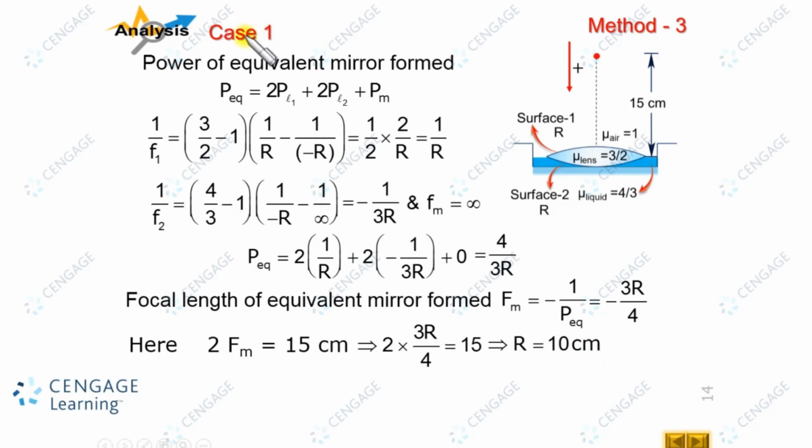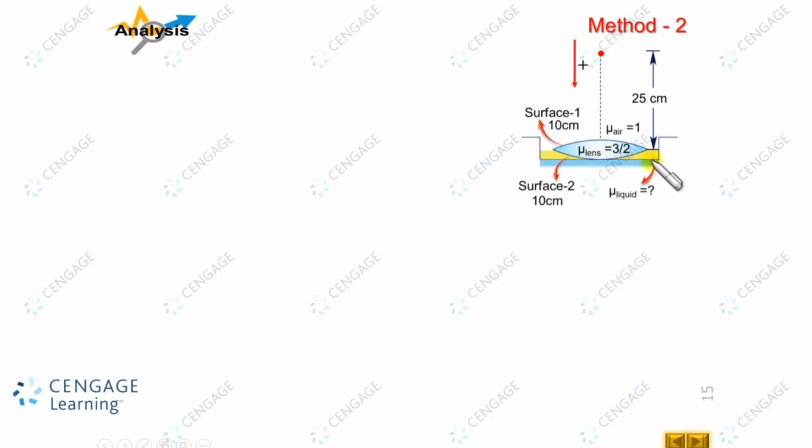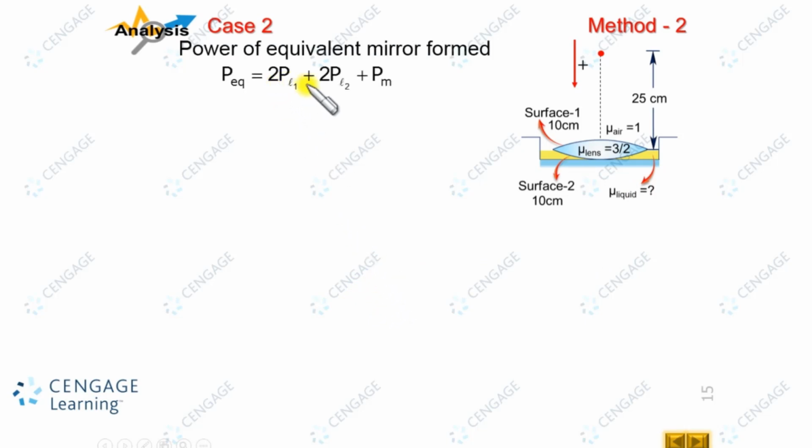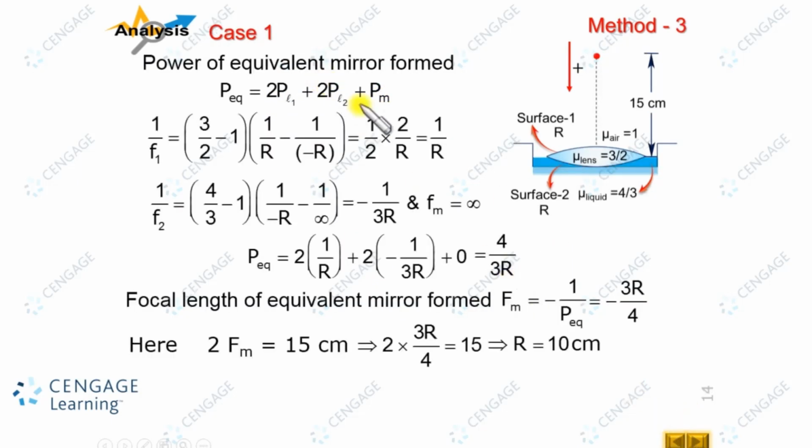Second case will be the same as the first case, only the difference will be mu liquid is unknown. So let us move to the second part. In the similar way, we can write the equivalent power, right? This is 2PL1 + 2PL2 + PM, as we did in the previous case.